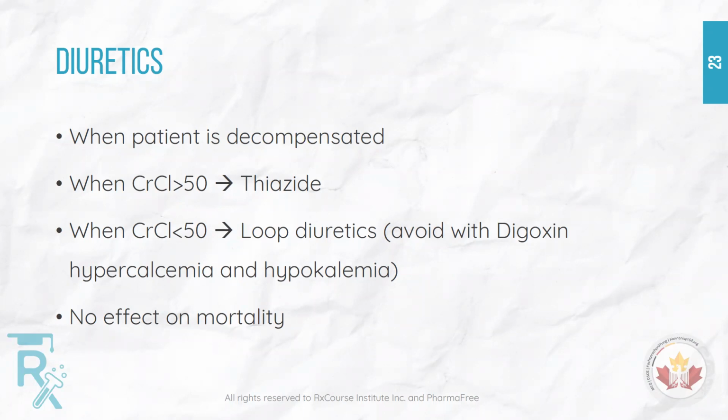I use the thiazide only if the creatinine clearance is more than 50, and it's very effective in that case. But if the creatinine clearance is less than 50, I cannot use the thiazide. So in that case, I can use furosemide, a loop diuretic.